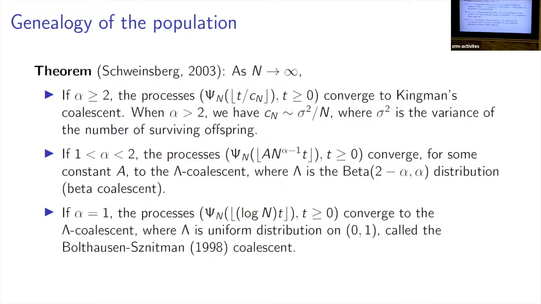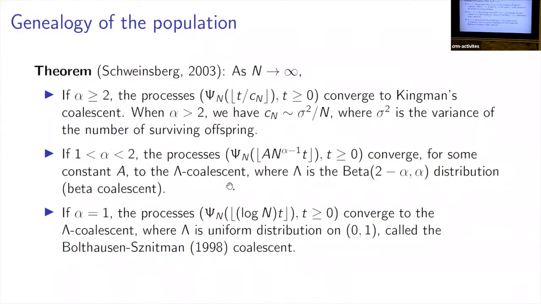It's useful also here to look at the time scaling. In the case when the offspring distribution has finite variance, so that happens when alpha is greater than 2, the probability that 2 individuals have the same ancestor in the previous generation is of order 1 over n, and so we have to speed up time by a factor which is of order n, just as in the Wright-Fisher model.